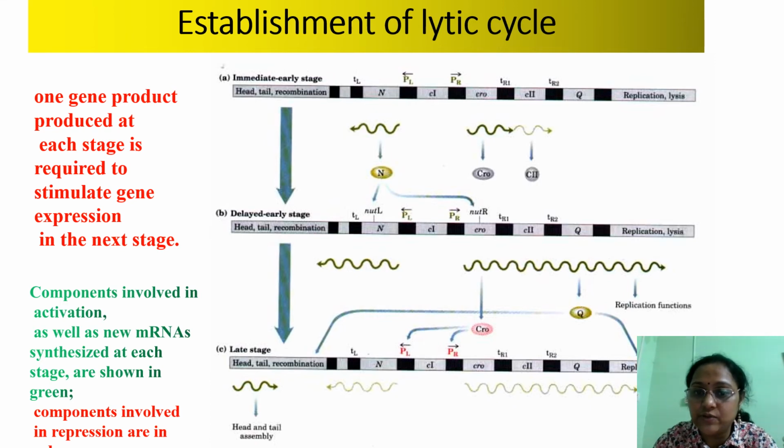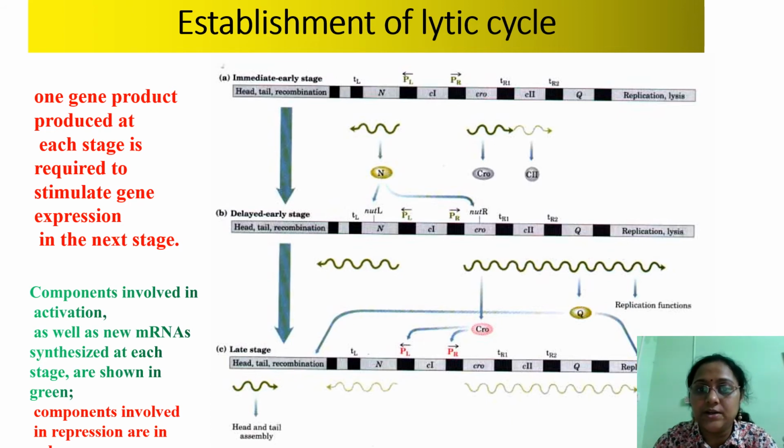And what happens when CRO is produced? CRO can inhibit PL and PR now, so that we don't produce N after this. That's how it controls.